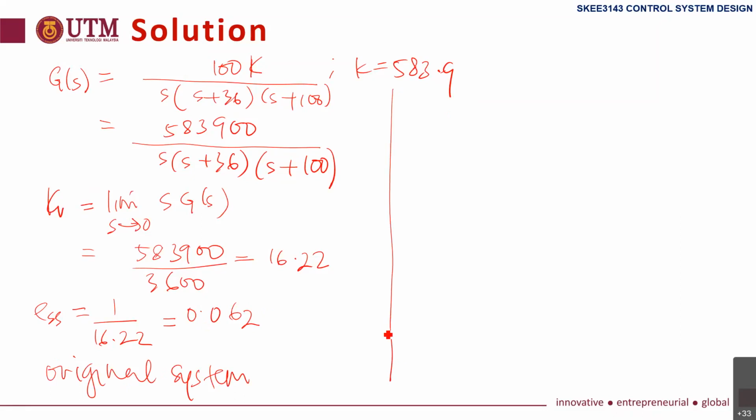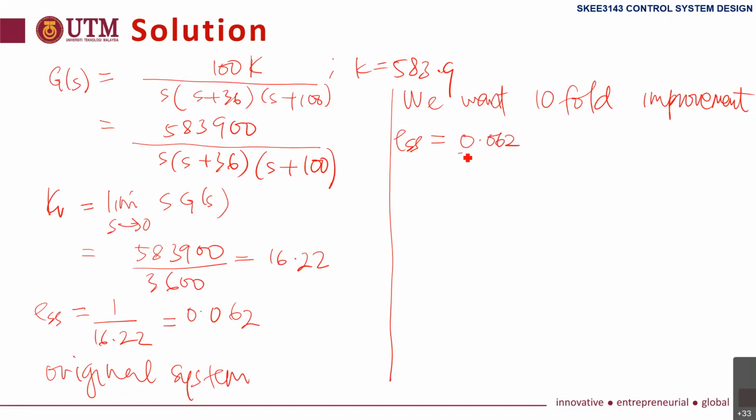Let's continue to design. We want a tenfold improvement, or 10 times improvement. That means we want the error to become 0.062 divided by 10, because we always want to reduce the error, so we must divide by 10.